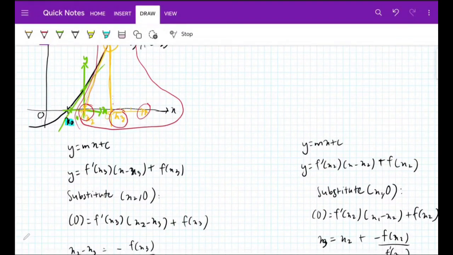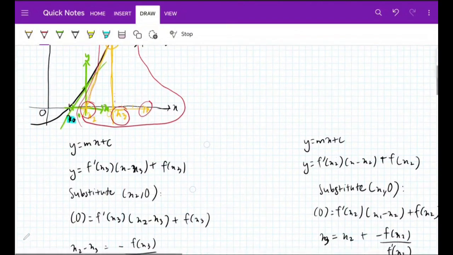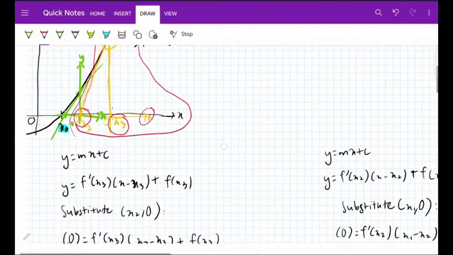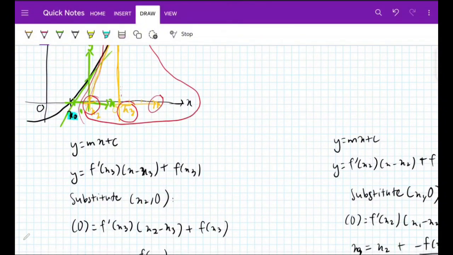As we know, the tangent is definitely a linear equation, so we use y equals mx plus c, and we just substitute in the information. Here m is the gradient, so the gradient of the tangent is also equal to the gradient of the curve at point x3, since x3 is our first approximation and that's our tangent.